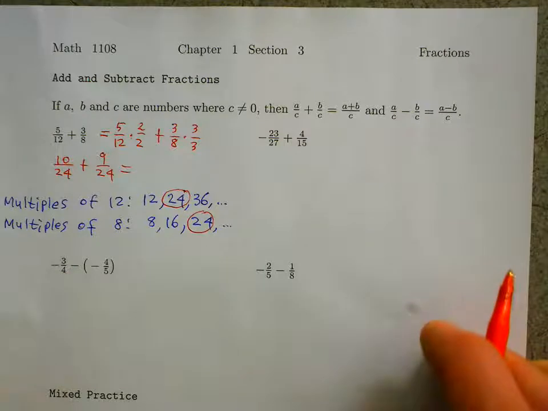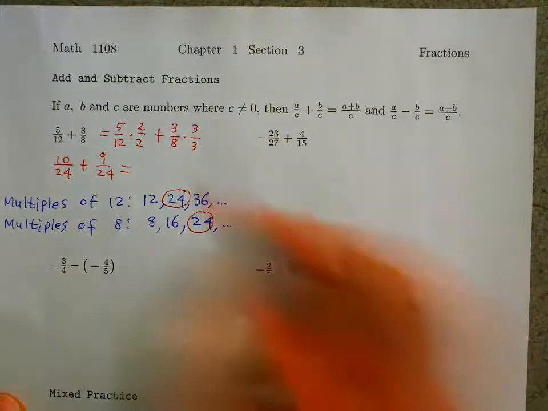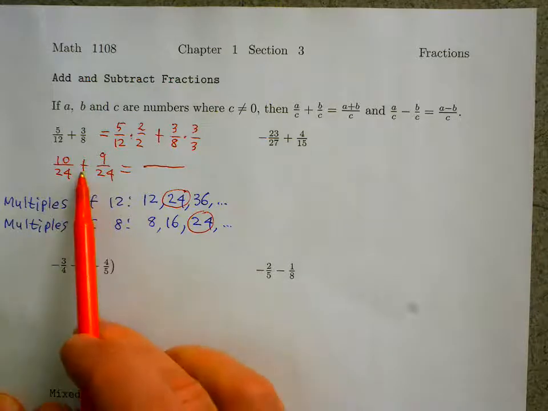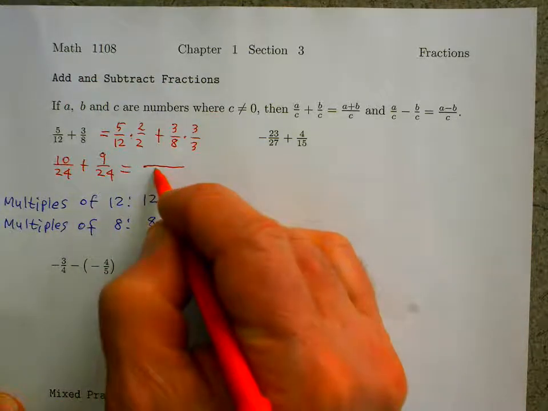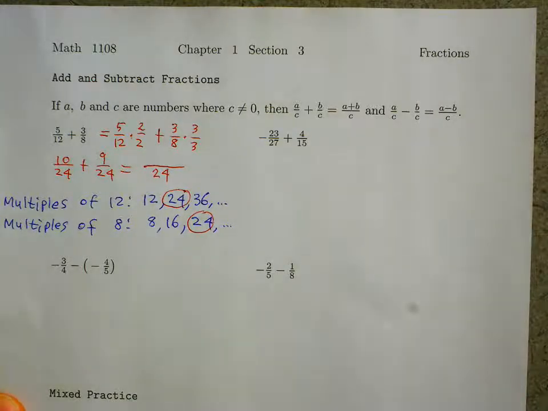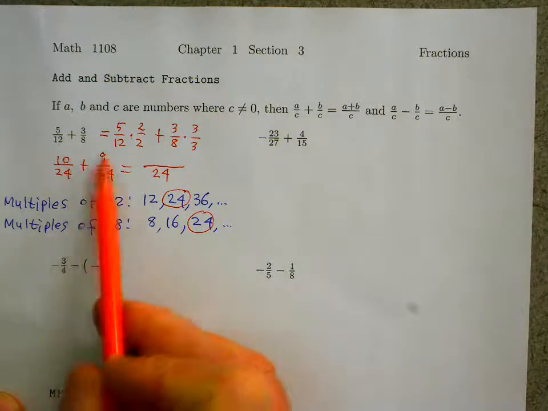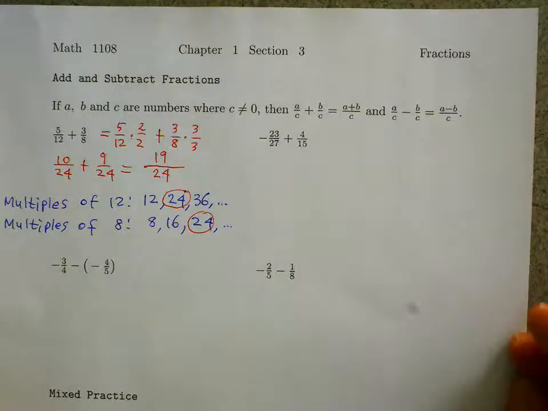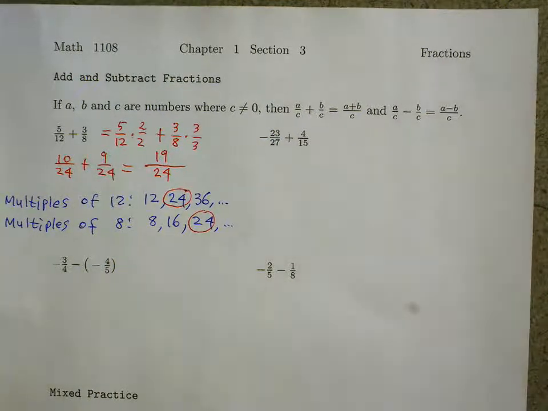Now that the denominators are the same, we have a common denominator. Now we can add the fractions. So the denominator of the sum is still 24, and the numerator, 10 plus 9, is 19. And in this case, 19 over 24 is already in lowest terms.